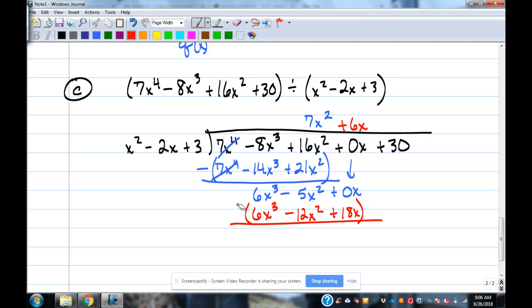Big subtraction. X cubes cancel out. That's what we want to happen. And then we have negative 5 minus negative 12. 7x squared. And then 0 minus 18. Negative 18x. And then we're going to drop down the 30.